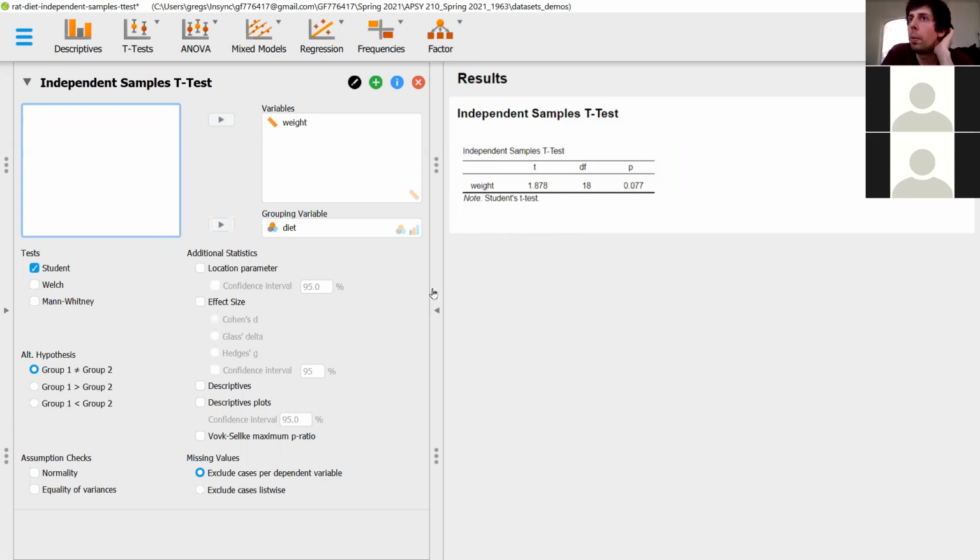So what you notice here is that for an independent samples t-test, it gives us the same value of t. Remember, we calculated t as minus 1.88, but here it gives us t as, hold on, I just want to make sure I'm not messing something up. All right, I'm just going to increase the size of this so you can see it more easily.